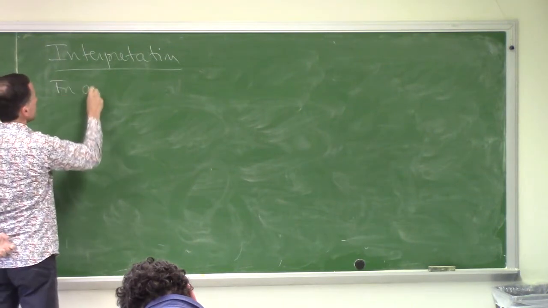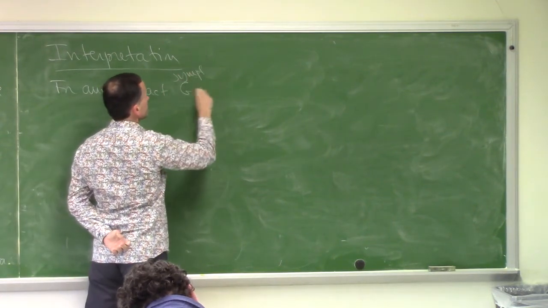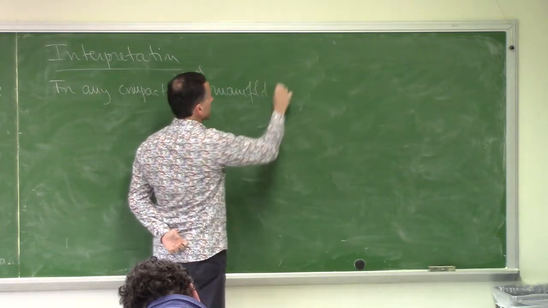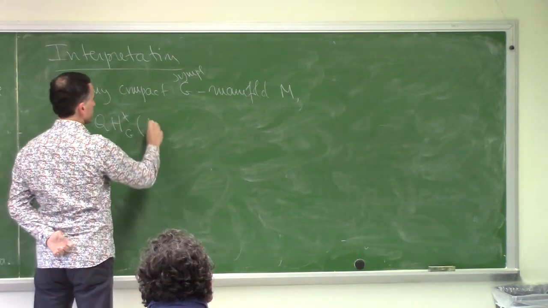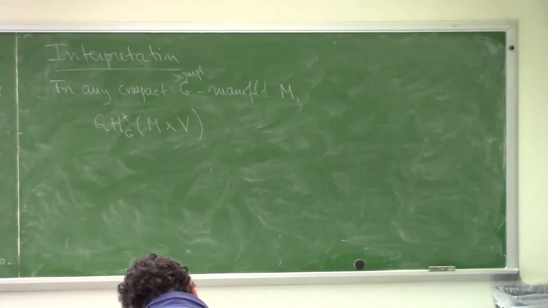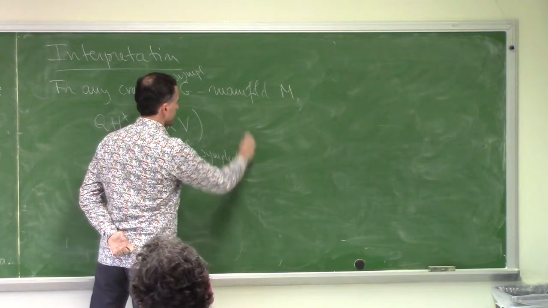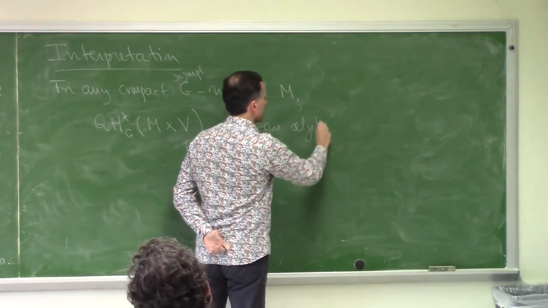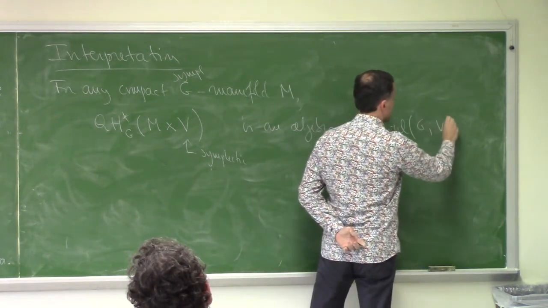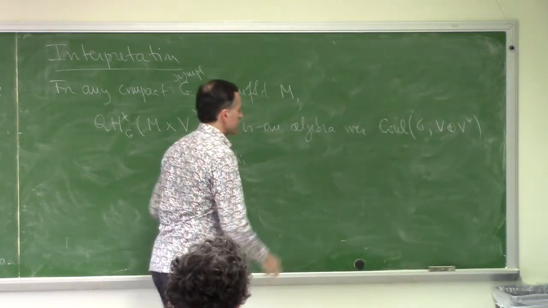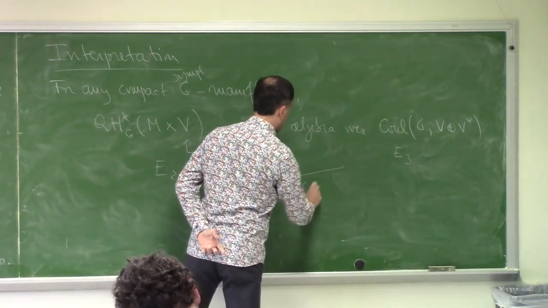For any compact G symplectic manifold M, the covariant quantum cohomology of M cross the vector space V, a complex representation, particularly it's symplectic in a unique way, is an algebra over the Coulomb branch of G of the representation of G, in a compatible way, so the Poisson structure here is compatible with the Poisson structure here.